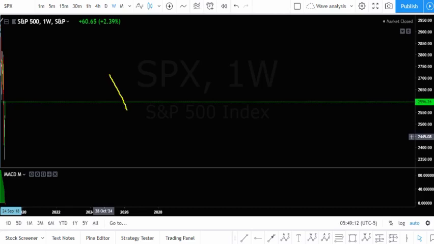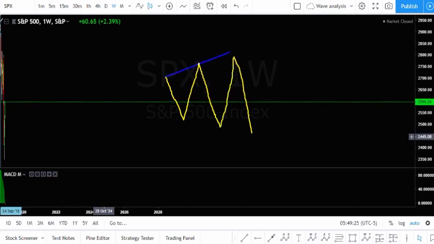But for now, all you need to know is when you get, let's say 1, 2, 3, 4, let me just label that properly. You get 1, 2, 3, 4, 5. So the only times we will use ABCDE is basically if you are in a triangle.